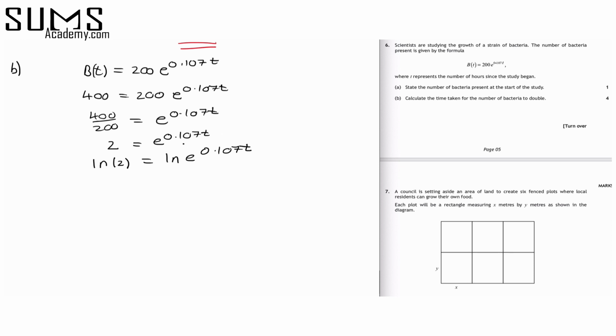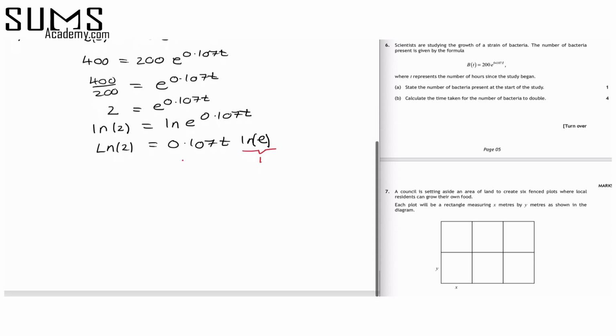You can think about it in the same way as log laws. The exponent comes down: ln 2 equals 0.107 t times ln e, and ln e is equal to 1. So you're just left with t equals ln 2 all over 0.107.